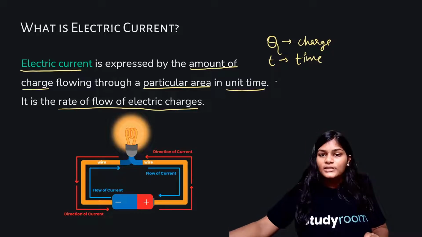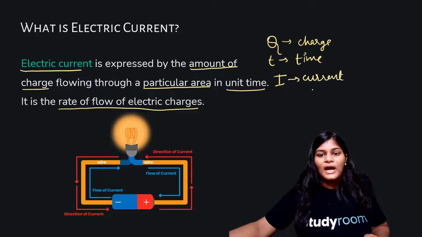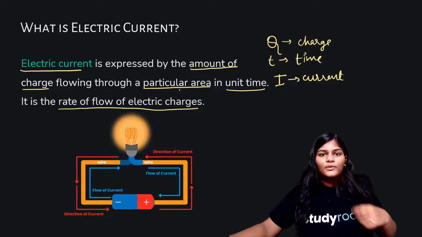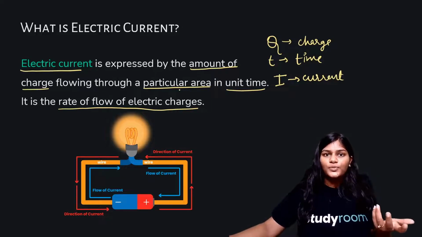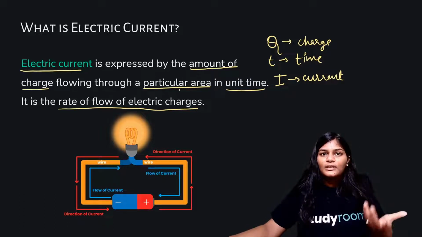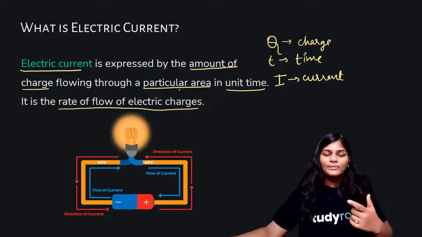And current, we always use the symbol I for current. And what is the unit of current? Like we say, what is the unit of distance that we generally use? Like the scale is some 15 centimeters, right? So we use the unit centimeters for distance.